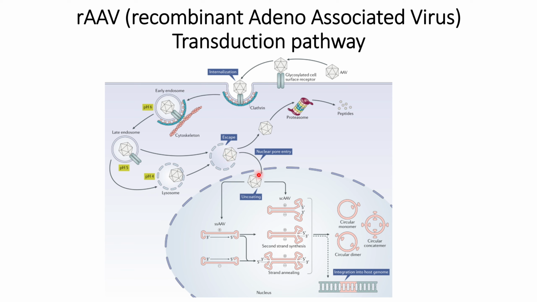Some of the adeno-associated virus goes into the nucleus, and uncoating of this capsid will happen, and some of them will go to the proteasome in the cytosol, and the peptides of these adeno-associated virus will form that might directly start its function about whatever the target genes that are present within the cell.